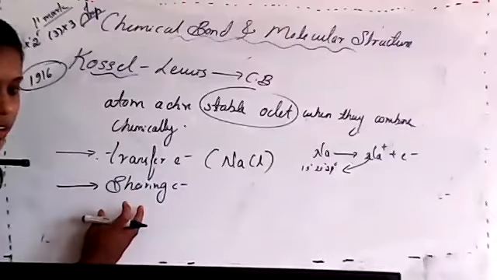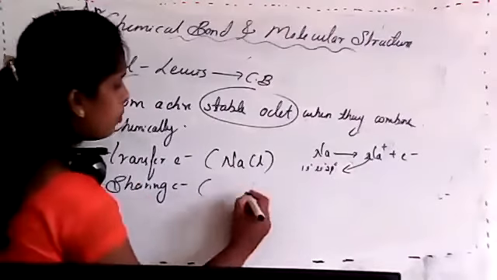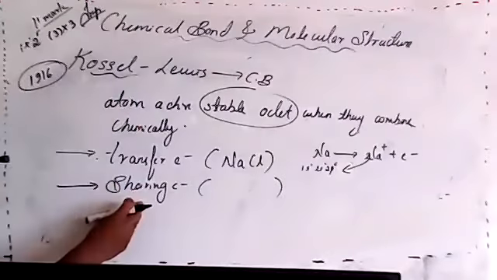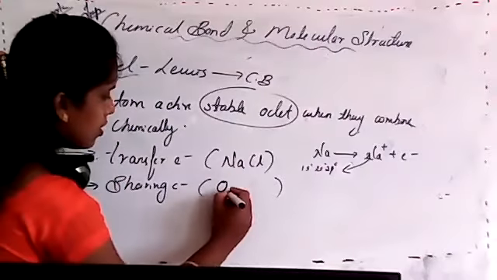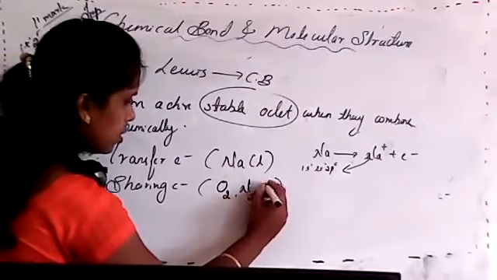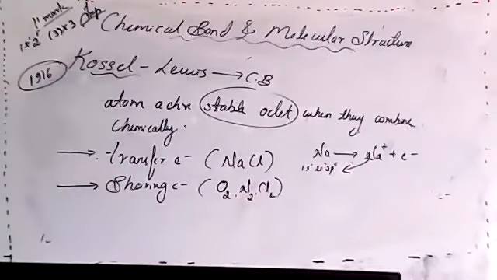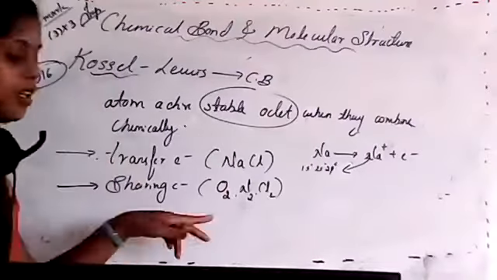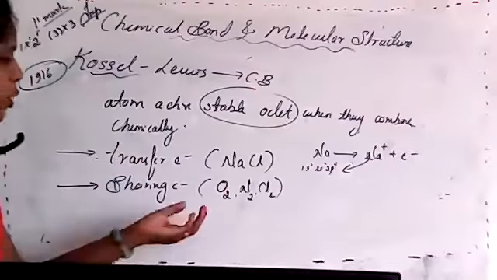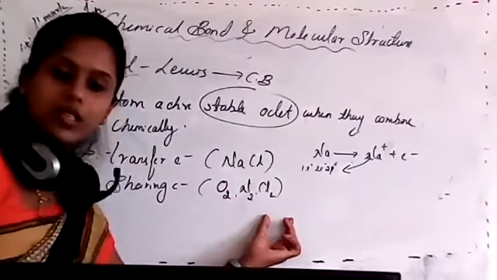What about sharing of electron, student? How is the chemical bond formed by sharing? Give any example: oxygen, nitrogen, chlorine. We can consider organic compounds or species also, but here I'll take the basic ones.